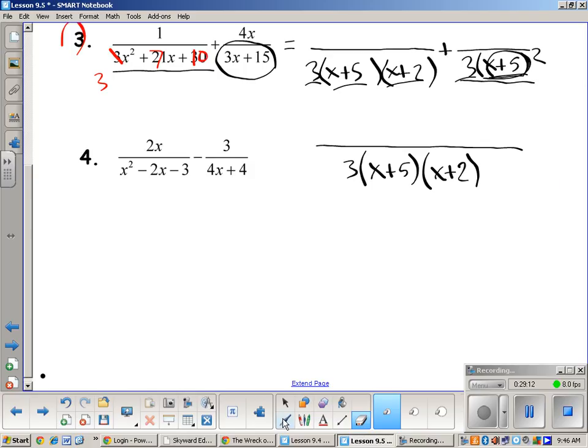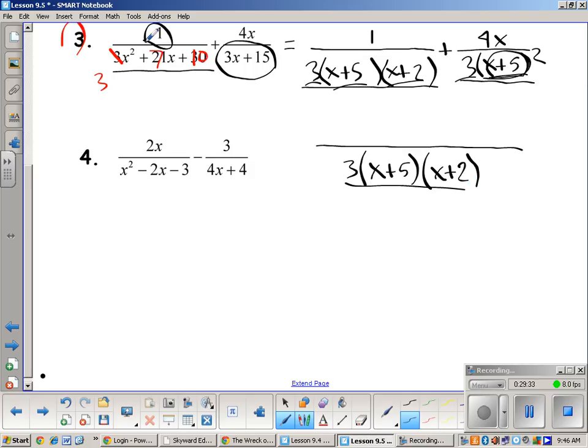And let's go back. The first fraction, oh, I'm sorry, I never rewrote the top, did I? There we go. The first fraction and the final fraction have all the same denominator, don't they? So we don't have to multiply anything by the top of the first one over here.